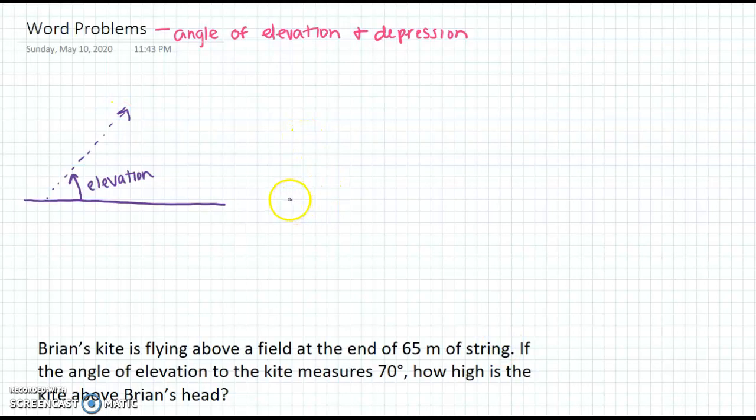The angle of depression is measured from the horizontal going down. Now, the concept itself seems very simple, but when put into practice, it's very easy to mess up. So let's just do a couple word problems.